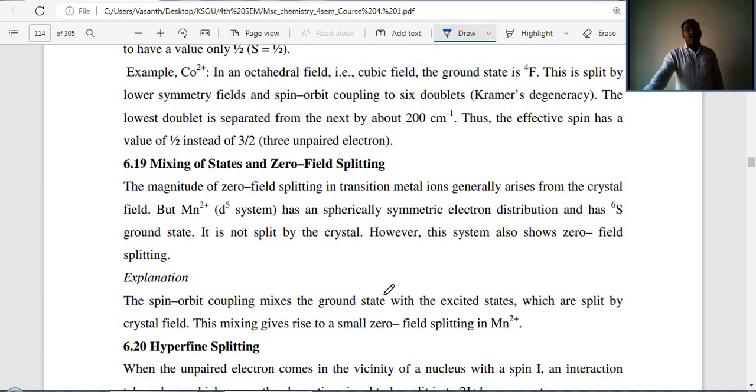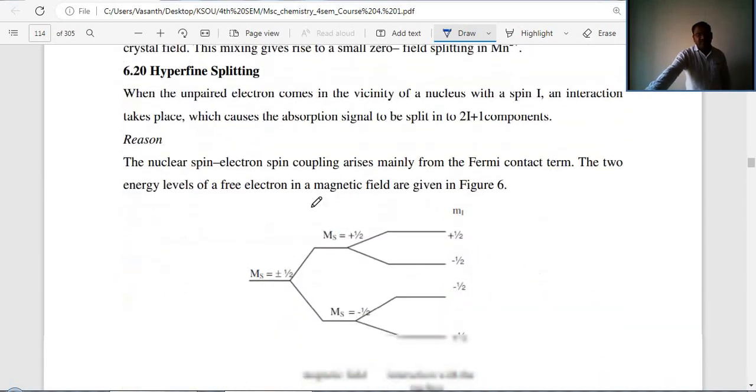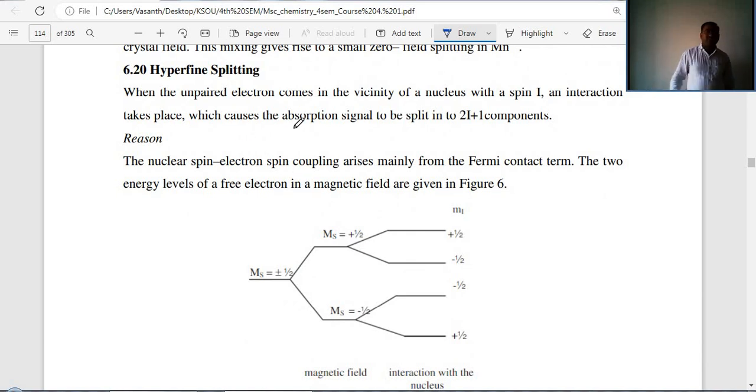What is the mixing of states and zero field splitting? The other thing is hyperfine splitting. When the unpaired electron comes in the vicinity of a nucleus with a spin I, an interaction with it takes place, which causes the absorption signals to be split.